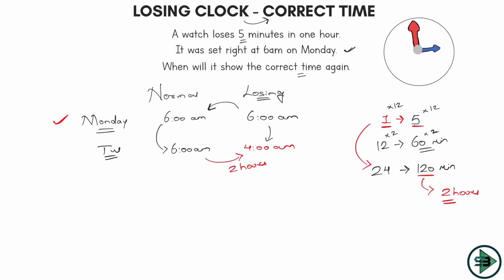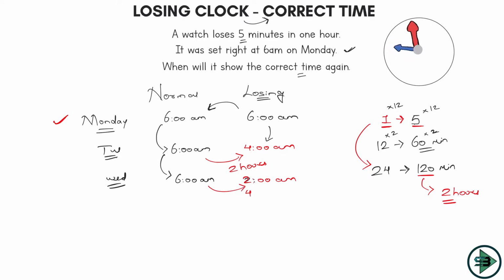So what will happen next? Just imagine 6 am Wednesday. It will lose 2 more hours. So from 4 it will become 2. It will show 2 am on Wednesday when it is actually 6 am, because it has lost 4 hours here.